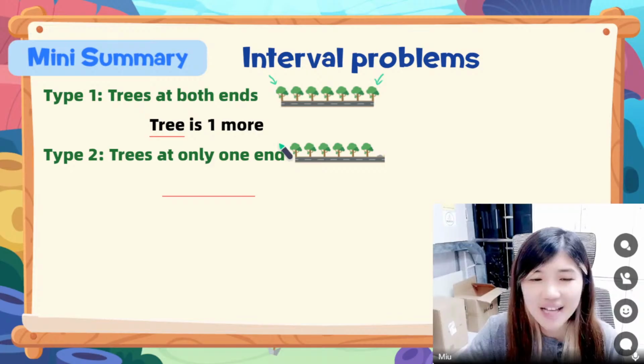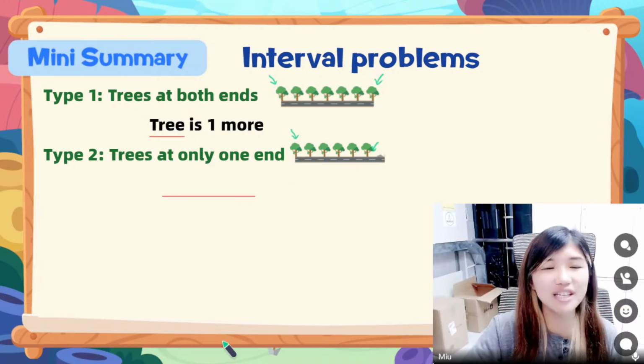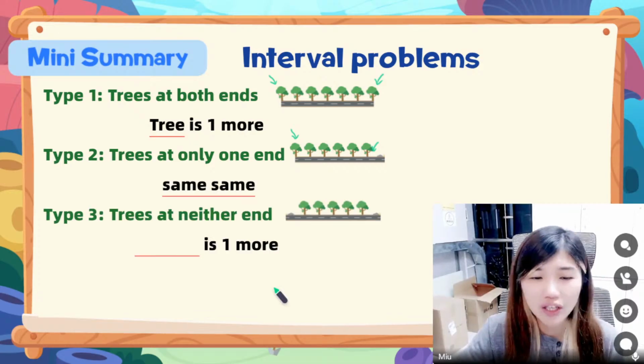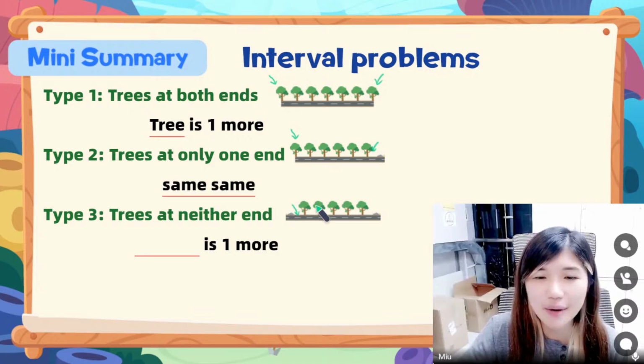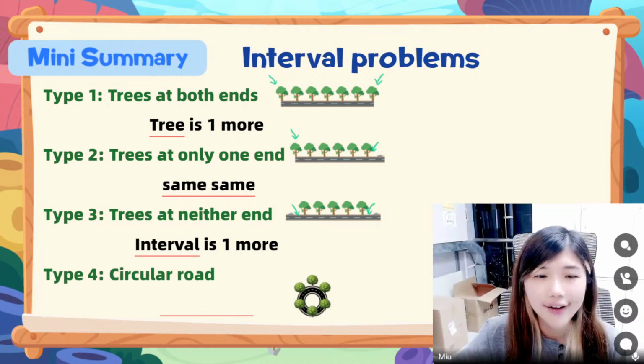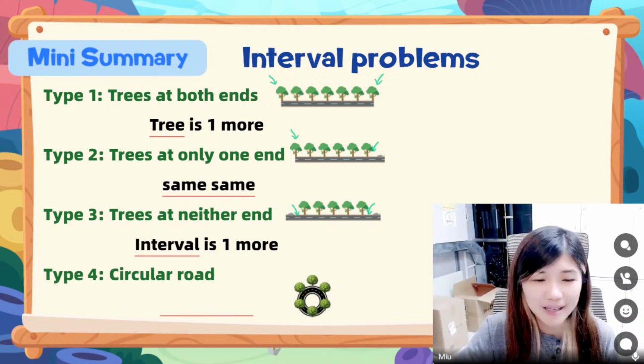When we start with the tree but end with the interval, that means the tree is only at one end, then the numbers are the same. And if there are trees at neither end, that means we start with interval and end with interval, so the intervals are one more. And in the end, if it is a circular row, which is quite a weird one, right? There must also be the same number.